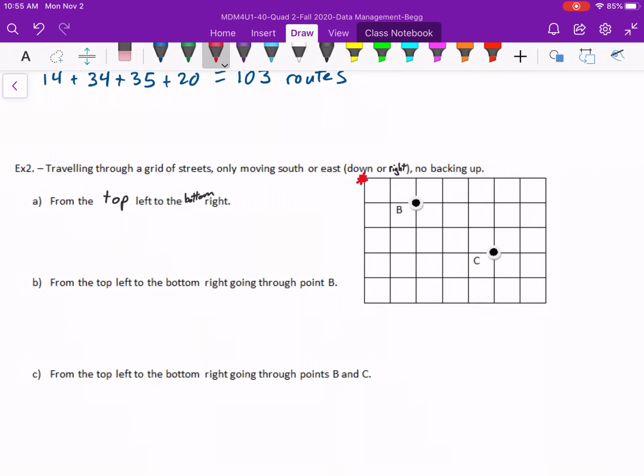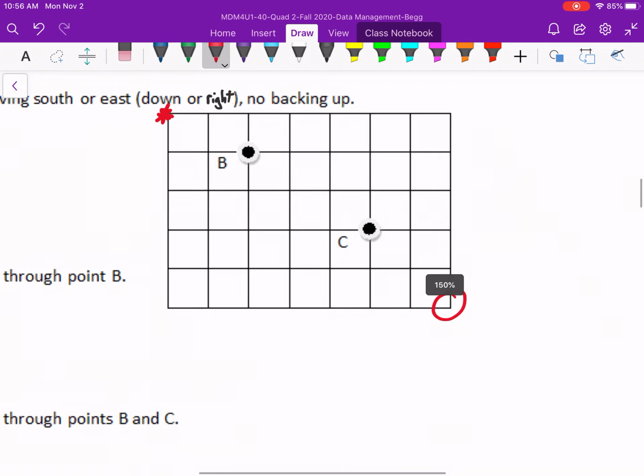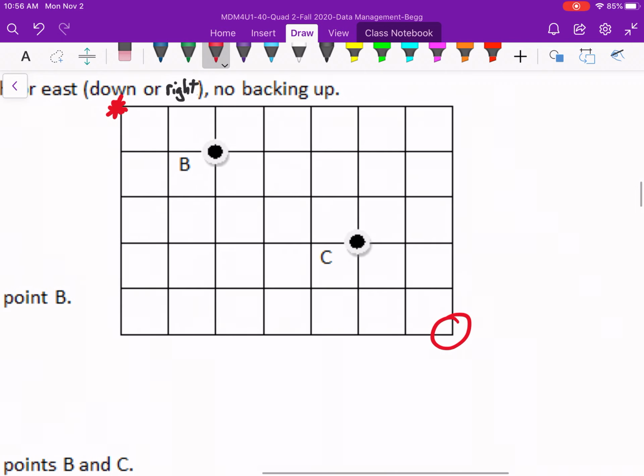We want to get down to here as our destination, and we're going to have different restrictions put upon us as we do it. There's a couple ways that we can think about it. Let's use the combinations way first, because that's easier.